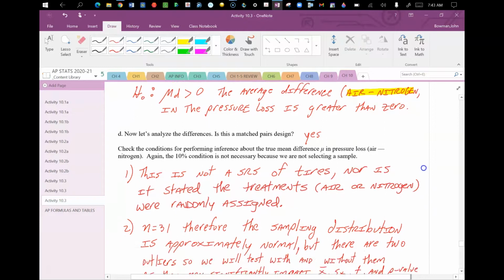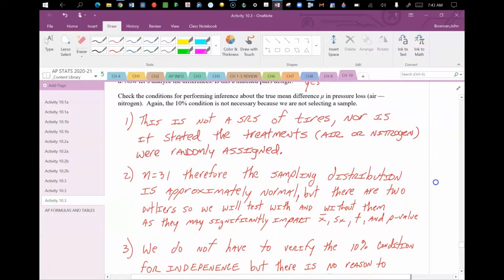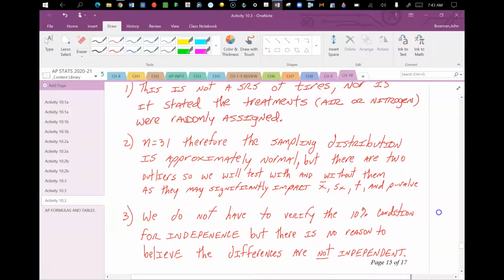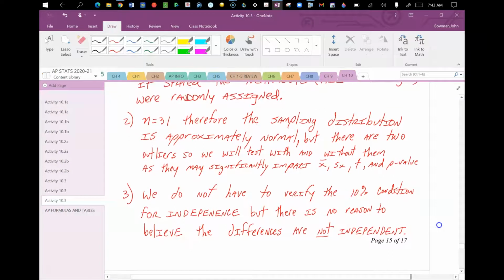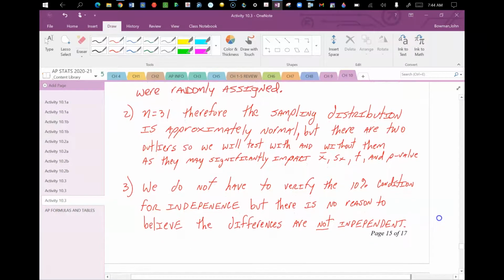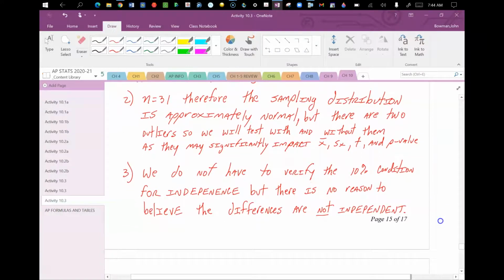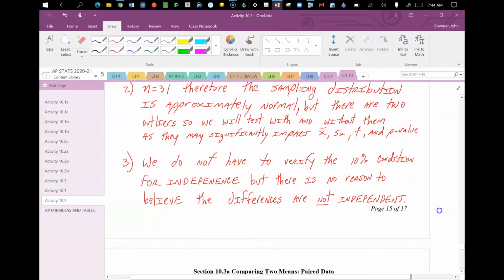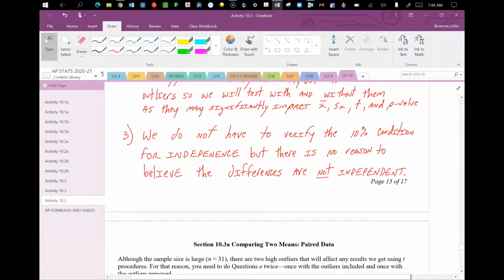The conditions: it's not a simple random sample of tires, nor is it stated the treatments were randomly assigned, air versus nitrogen. The sample size is 31, therefore we can invoke the central limit theorem, and the sampling distribution of the differences will be approximately normal. There are 2 outliers in the test that could possibly be a result of bad measurements, but we'll talk about that in a minute.